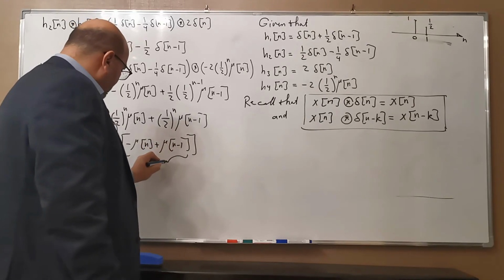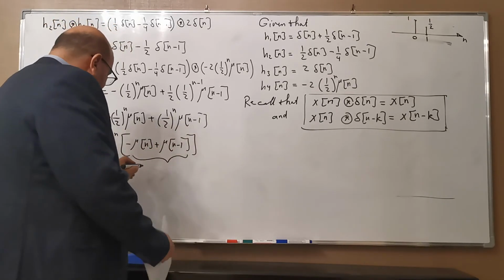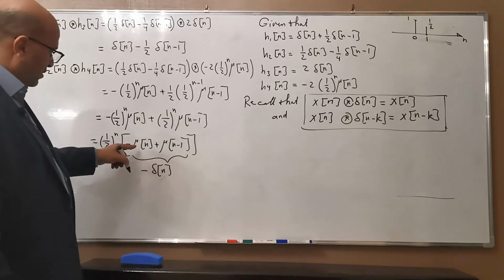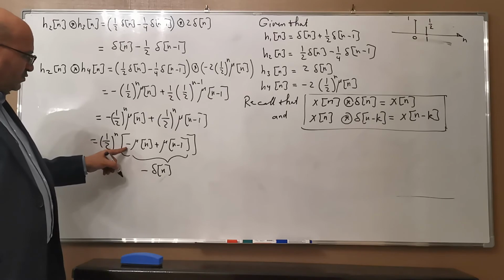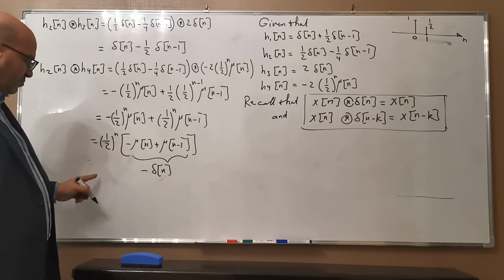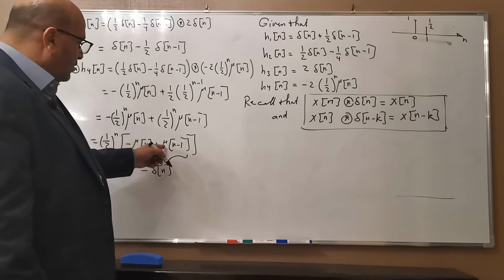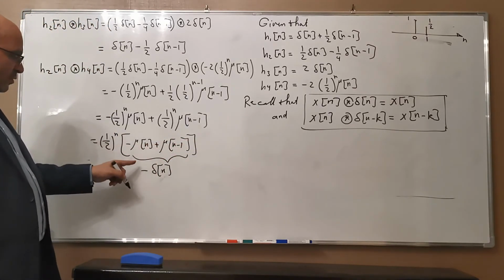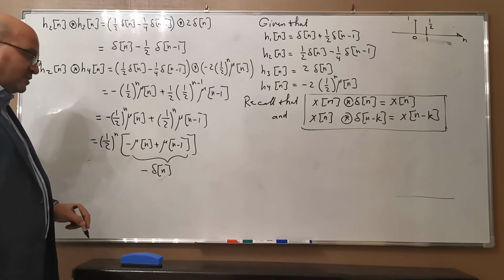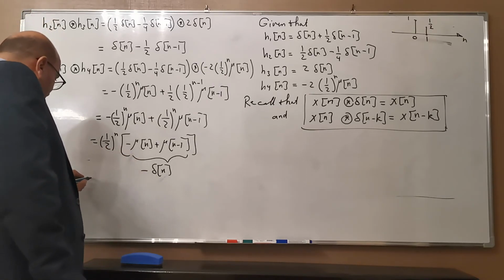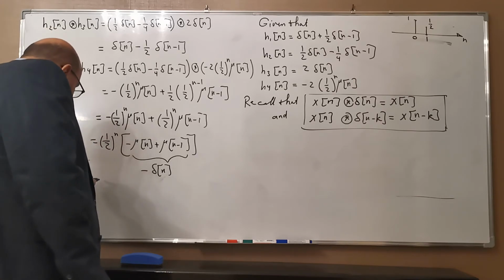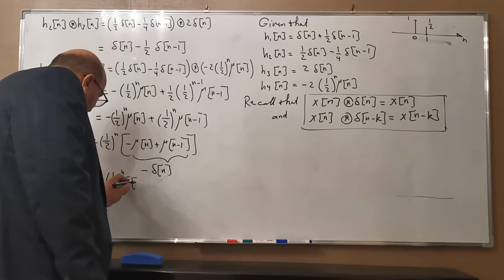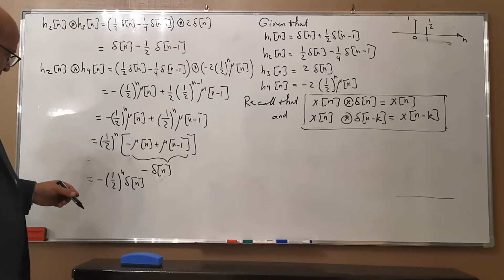This one here is minus delta of n. Minus u of n is ones with negative sign from 0 up to infinity, and this one is ones from 1 up to infinity, so the addition is 1 delta with negative sign located at 0. So the answer here is minus (1/2)^n delta of n. Let's stop here.